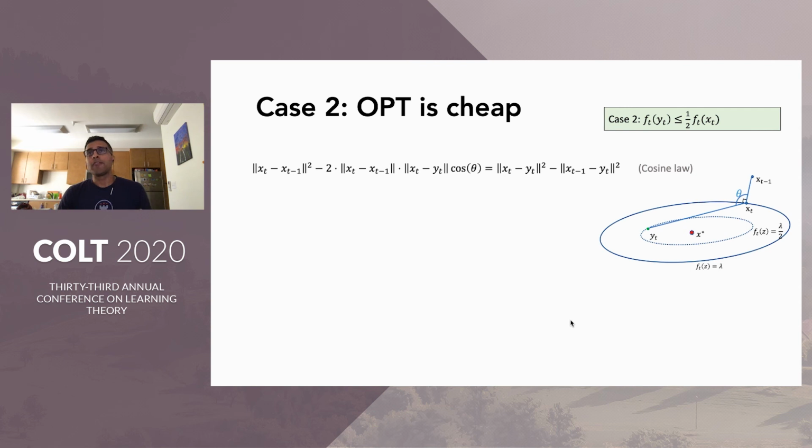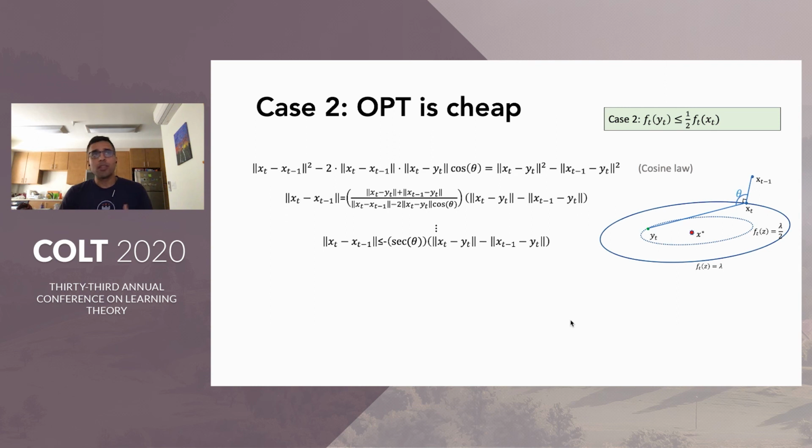One thing we can do is use the cosine law to relate all three sides of the triangle formed by xt, yt, and xt minus 1. If we do a little bit of algebra, we get a very interesting identity. In particular, the left side of the identity is exactly the movement cost of alg, and the right-hand side of the identity is proportional to the difference in potential.